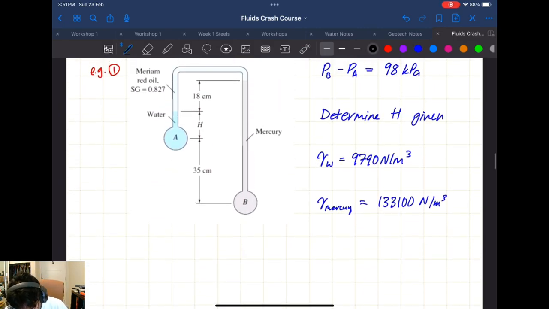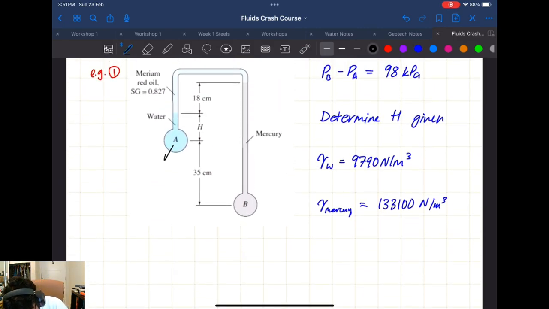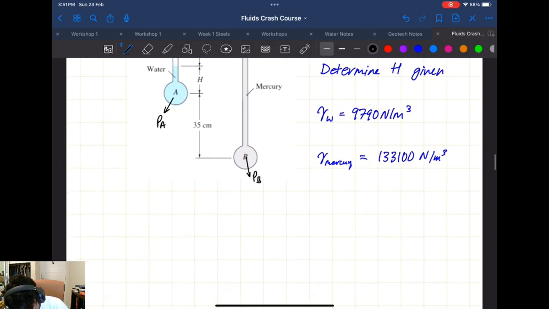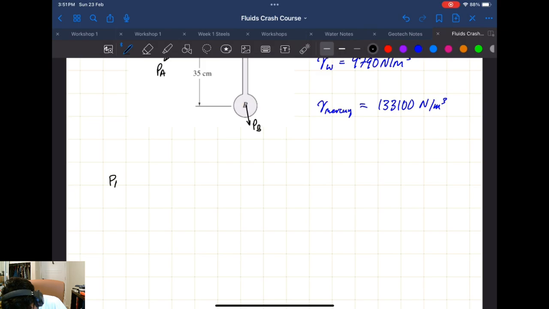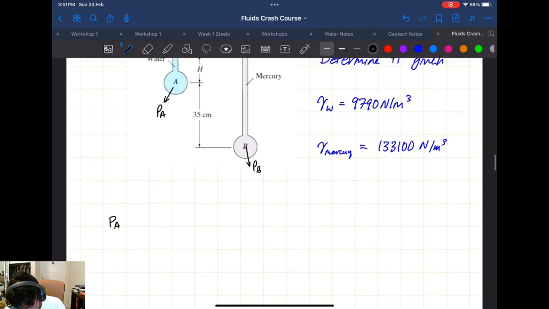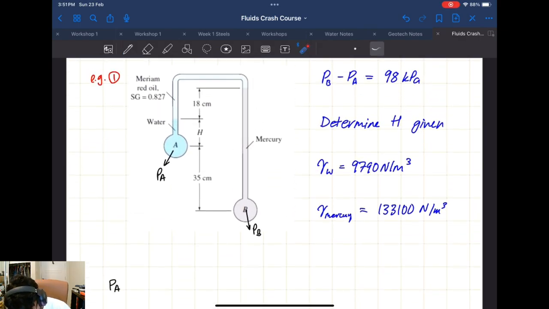So let's start at point A. The pressure at A, then there's going to be some pressure at point B. So I'm going to start at point A: pressure at A. Okay, so this fluid number 1 is water, right?